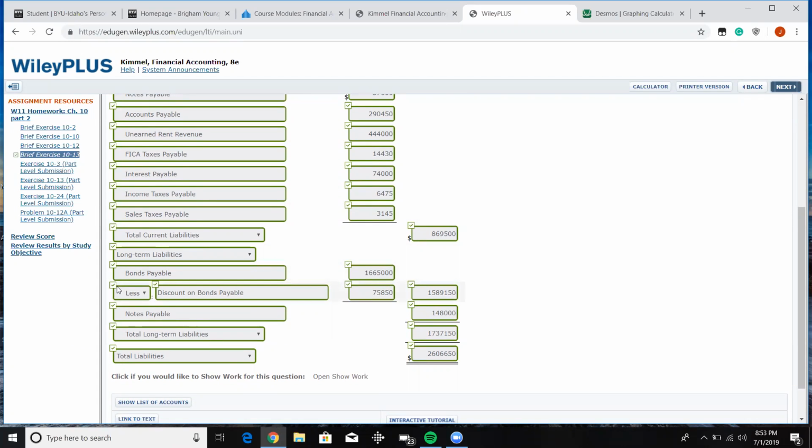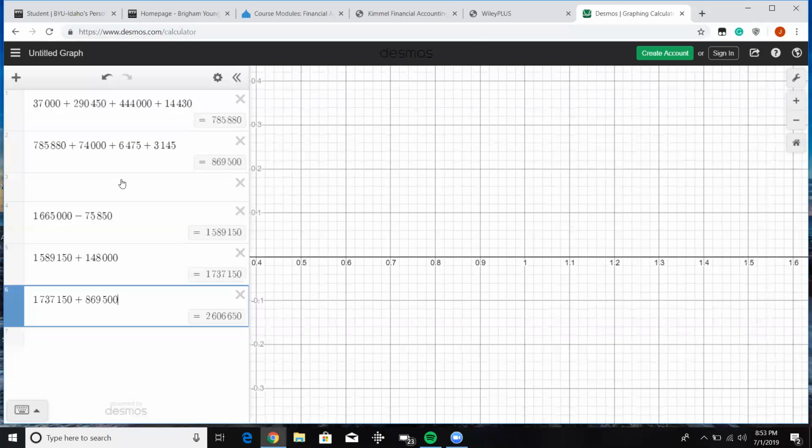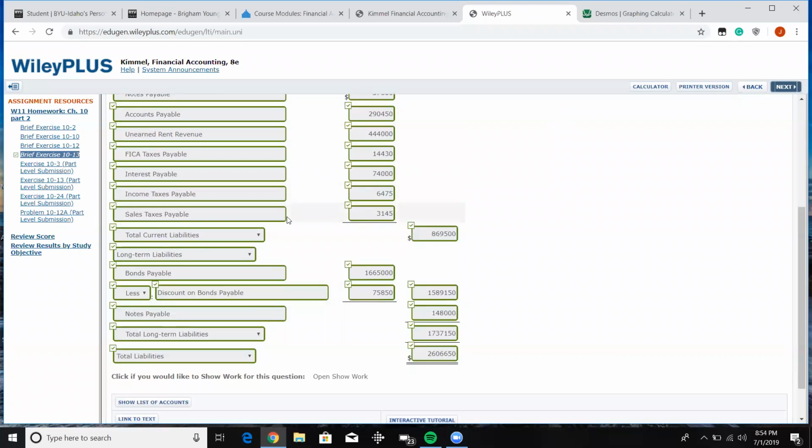And then we're going to subtract, because I don't know of any other discounts that would add anything, a discount on the bonds payable of $75,850. So we're going to show the math now. I'm going to take that $1,665,000 and subtract the $75,850. That's going to give us our $1,589,150 for our bonds payable. And that's going to go right there.